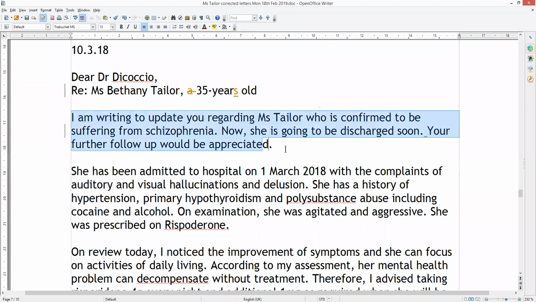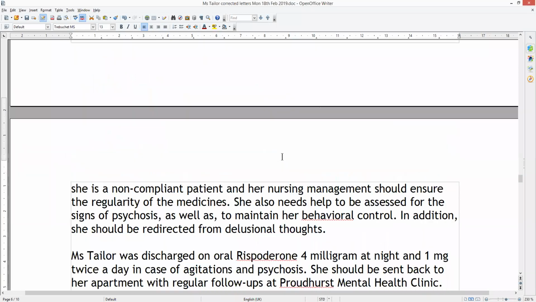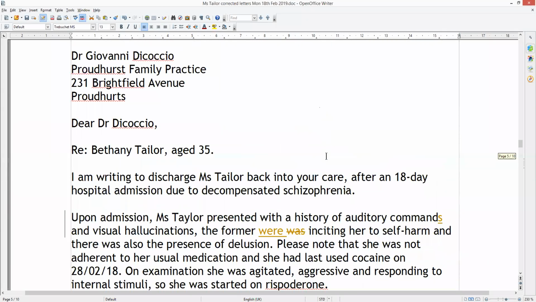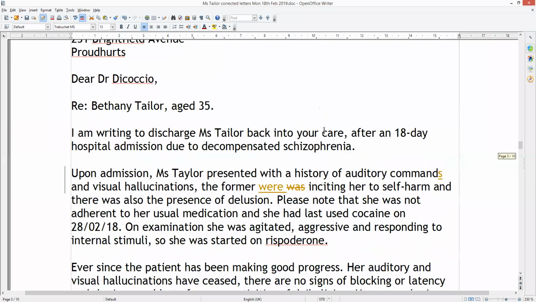Okay. You could rework that introduction a bit. I mean, if we look at these previous ones, yeah. So we've got two clauses referring back into your care, and we've got a relative pronoun, a relative clause. That's good. Okay. I think the other letters did the same more or less.